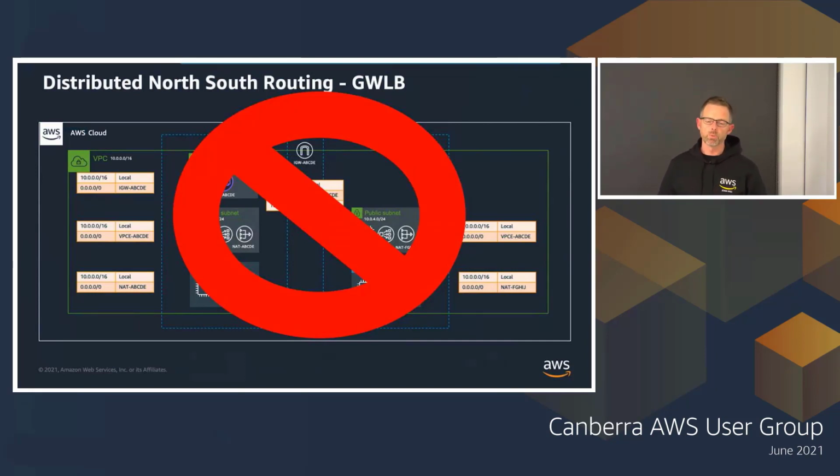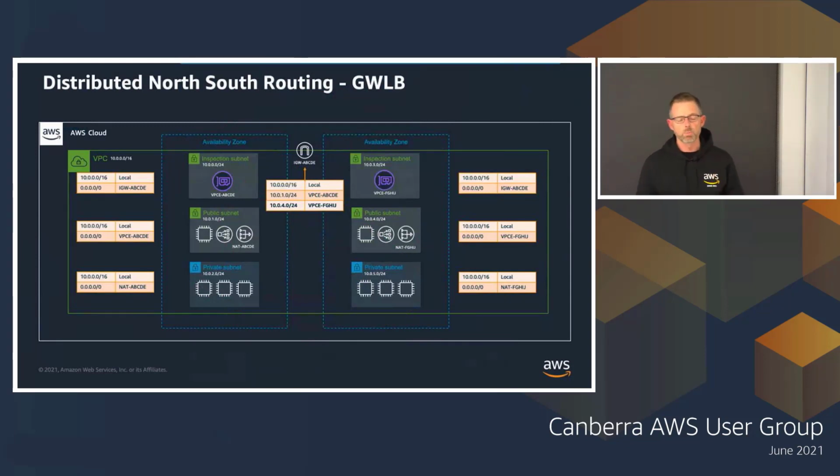If you have a problem with one availability zone, potentially you've broken the routing or there's a connectivity issue with it, then everything's down. If you have multiple sets of route tables, multiple sets of Gateway Load Balancer endpoints, you've got availability zone independence and a much more fault-tolerant design.